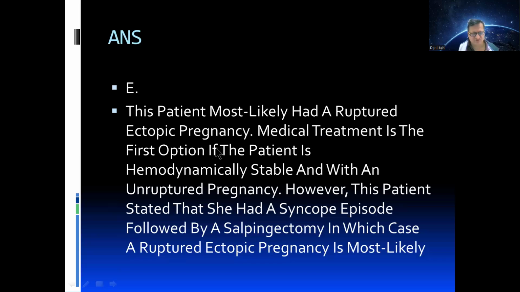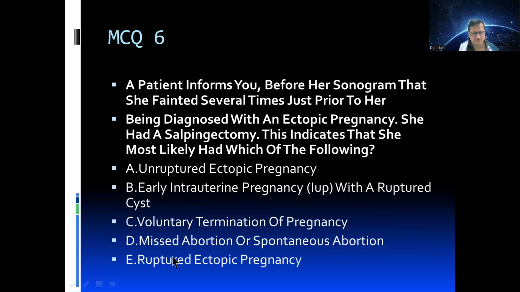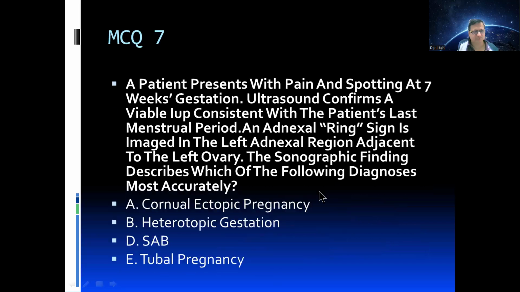Medical treatment is the first option if the patient is hemodynamically stable and the pregnancy is unruptured. However, this patient had a syncopal attack followed by salpingectomy, so ruptured ectopic pregnancy is the most likely answer.